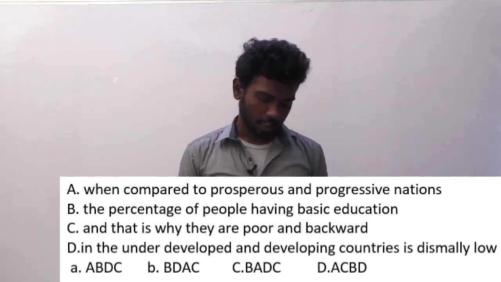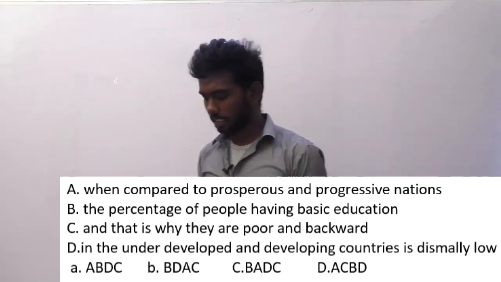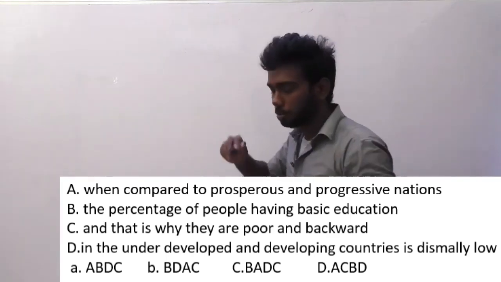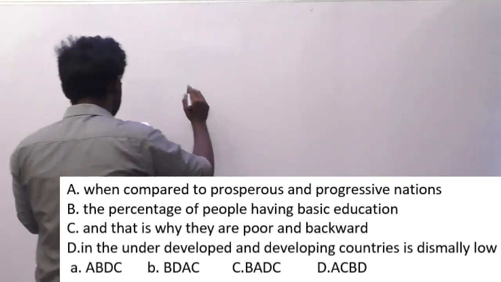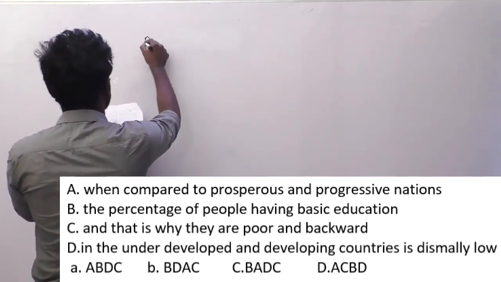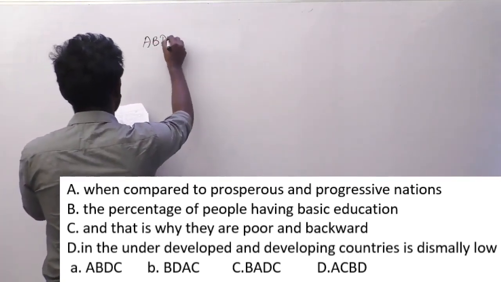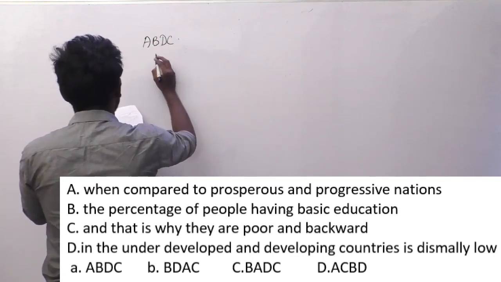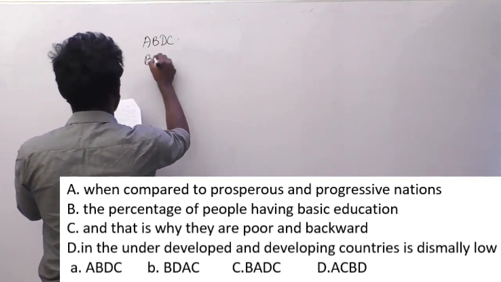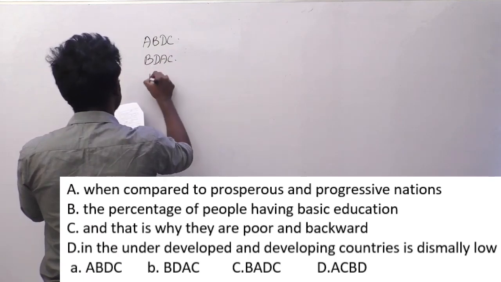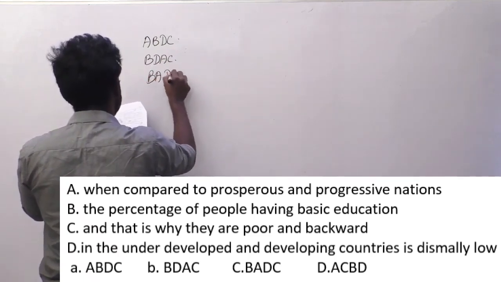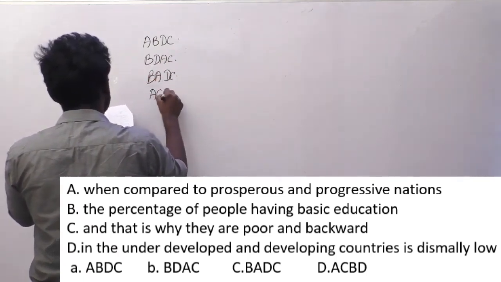These are the sentences here, and let me write down the options now. Option A, ABDC. Option B, BDAC. Option C, BADC, and option D, ACBD.